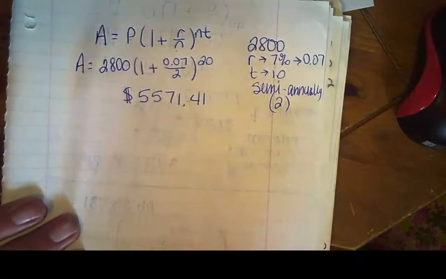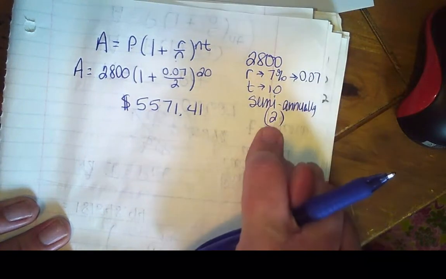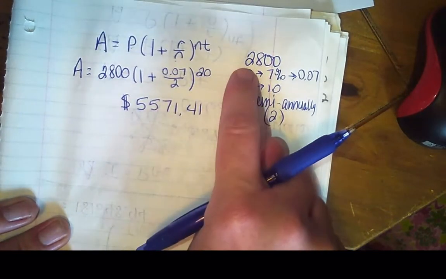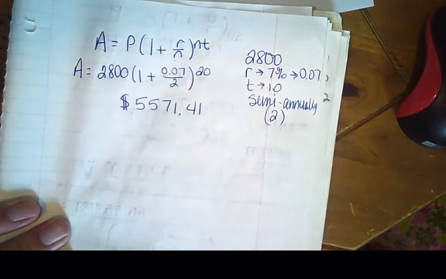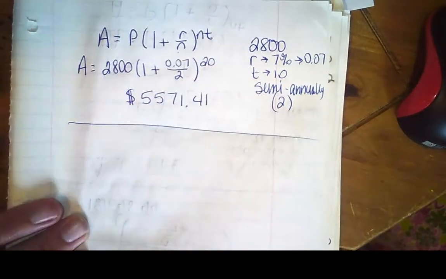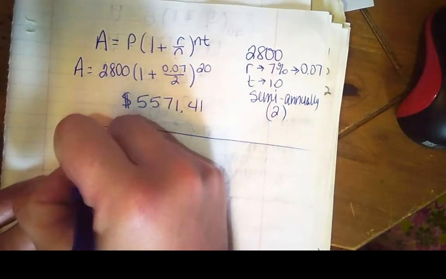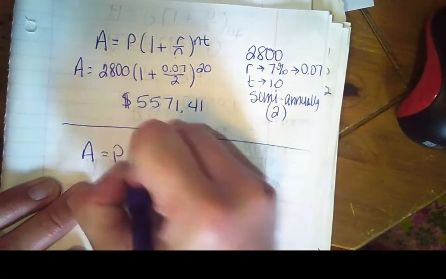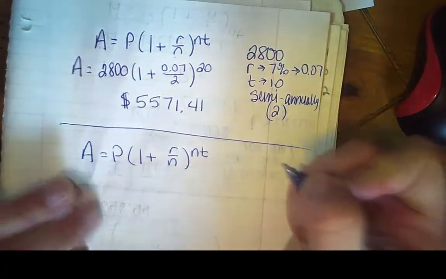Okay, so bottom line is at the end of 10 years at 7%, compounded semi-annually, I'll end up increasing from an initial investment of $2,800 to a total of $5,571.41. All right, so same thing. We are going to do A equals P times (1 plus r over n) raised to the nt.